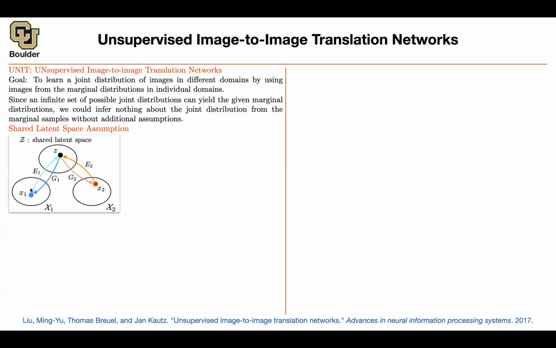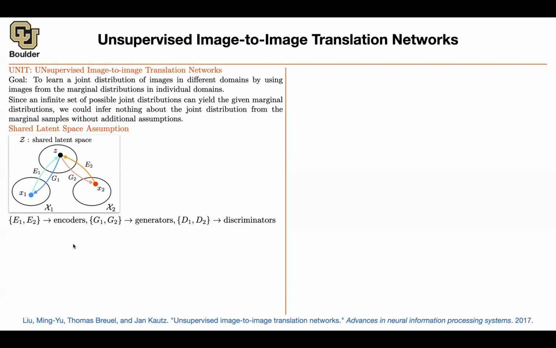If we can somehow control E1 and E2 to take two different images, X1 and X2, and map them back to the same Z, then this is called the shared latent space assumption. So there's a shared latent space between the X1 domain and the X2 domain.